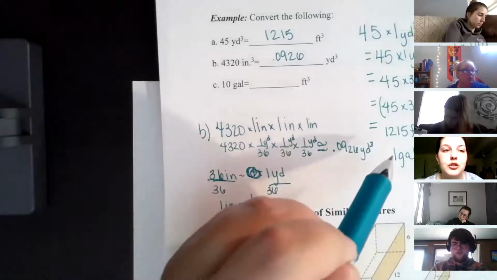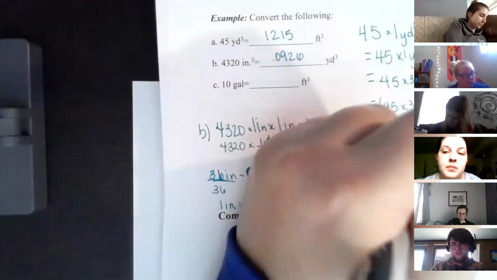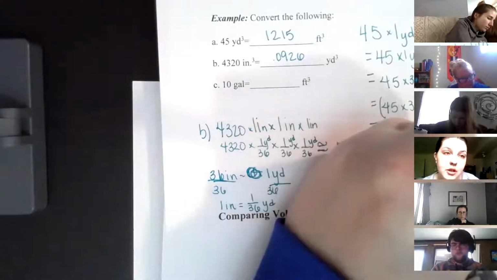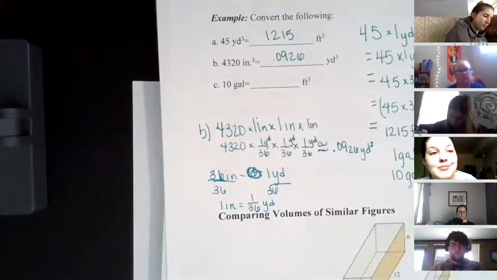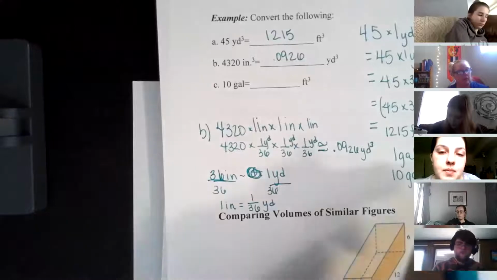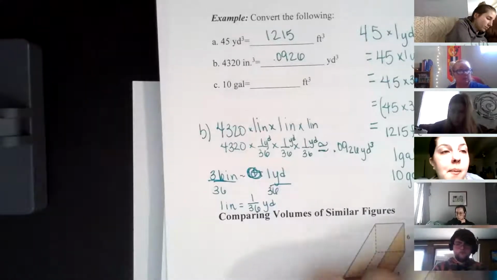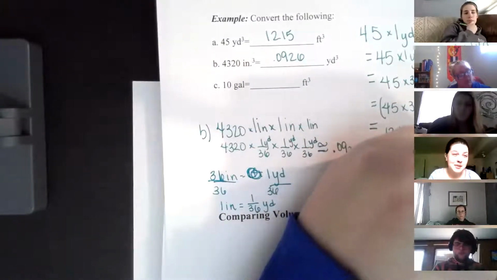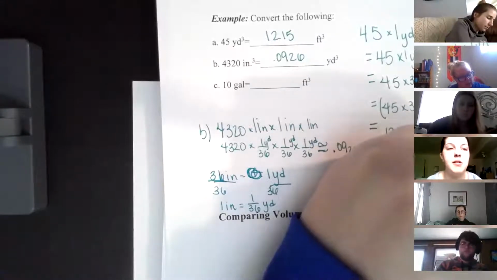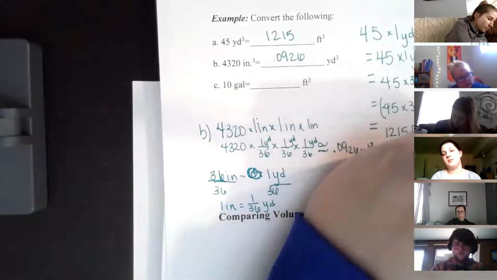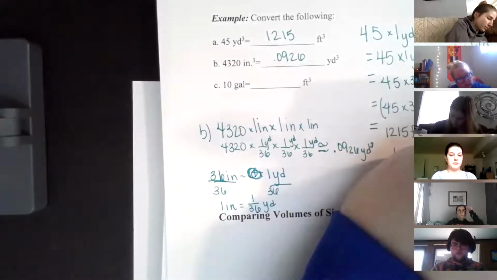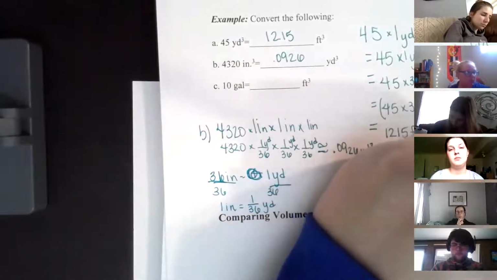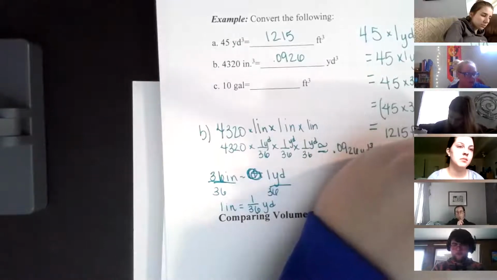If I had 10 of those, that would just mean 2,310. Now if I can change these cubic inches to feet, all you have to do is divide it by 12 3 times, because then this would be times 1 inch times 1 inch times 1 inch, which is going to be 2,310 times 1/12 feet.